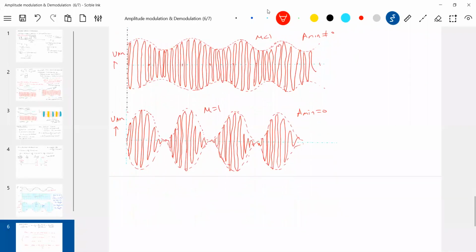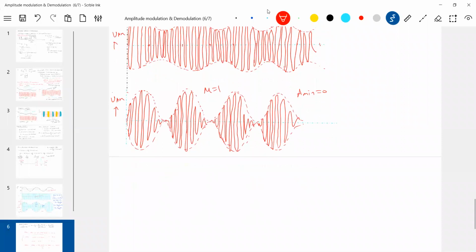It can happen that A minimum will become negative.